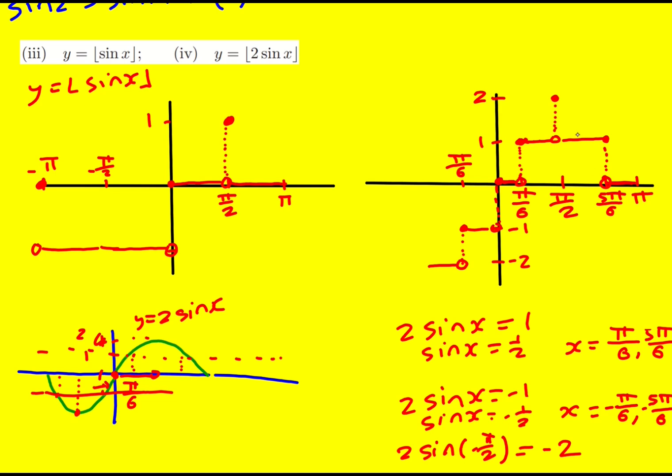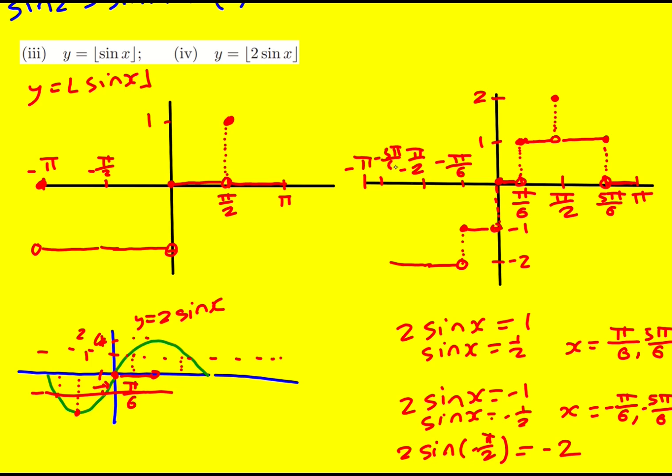So actually nothing happens there like it does in the other one because we're dealing with this floor function. But when we get to, let me put that in there, so that is minus pi over 2. Sorry, that should have been minus pi over 6. We're actually going to carry on until we get to here.